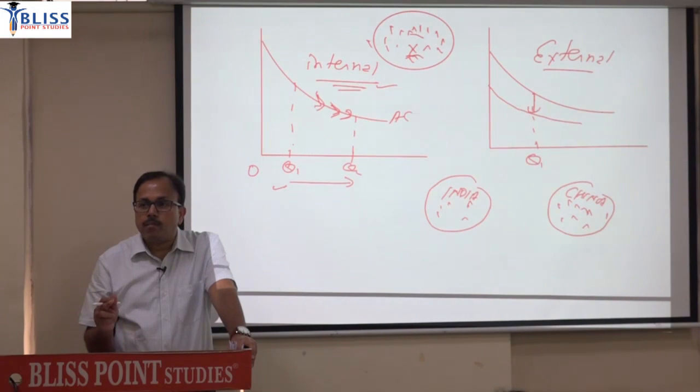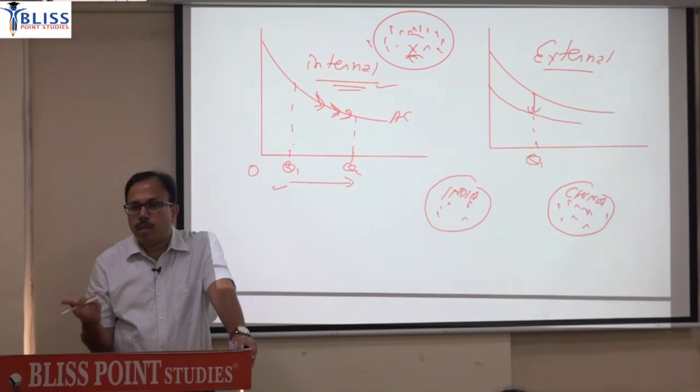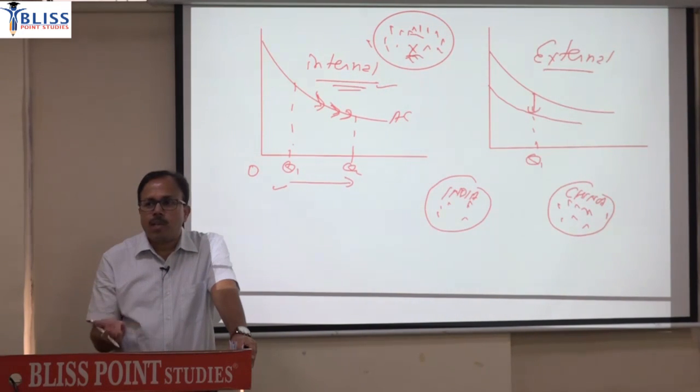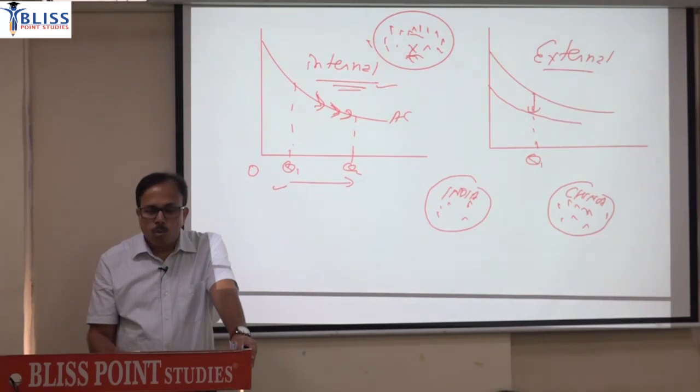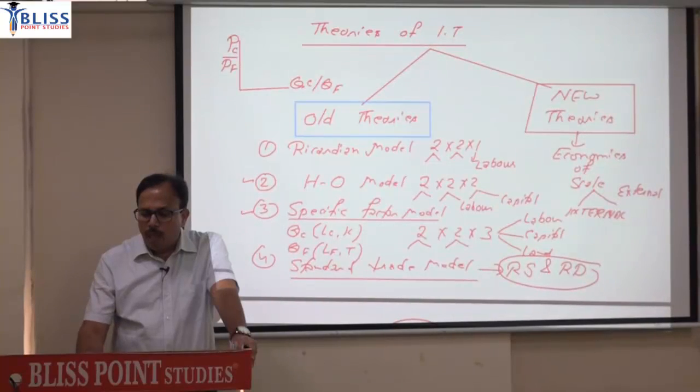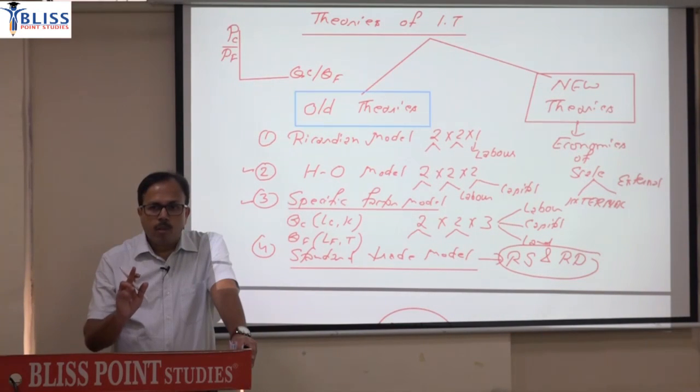China. The country where firms are many in number will have a lower average cost. So that country will have the cost advantage. So due to that cost advantage, there will be trade. So remember, whatever points you have written here, each theory will highlight one important reason for trade.